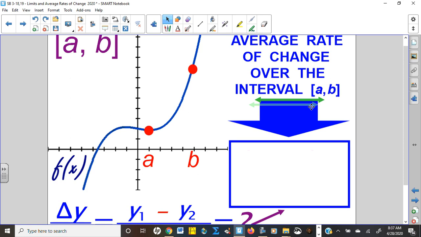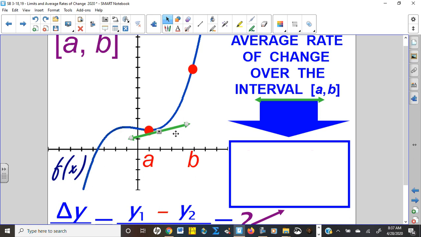But check this out. At point A, if you think about where this function is moving, it's actually kind of moving down just a little bit, isn't it? Just a tiny, tiny bit. This is the direction it's moving as it goes, and then it flattens out probably just a little bit more to the right, and then it starts moving up towards our second point, where x is equal to b.